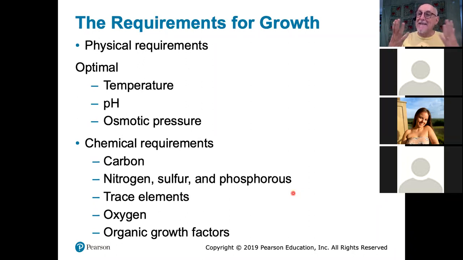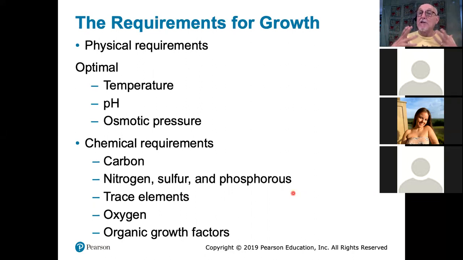They require an optimal temperature, largely determined by their enzymes, by the way, which have an optimal temperature. They have an optimal pH. Many of the metabolic processes that we talked about, aerobic respiration, all of those things, are processes where the organism is taking ions and moving them around, especially protons, for example. If you start changing the pH, you start affecting that tremendously. You also affect the functioning of the enzymes. So there's an optimal pH.